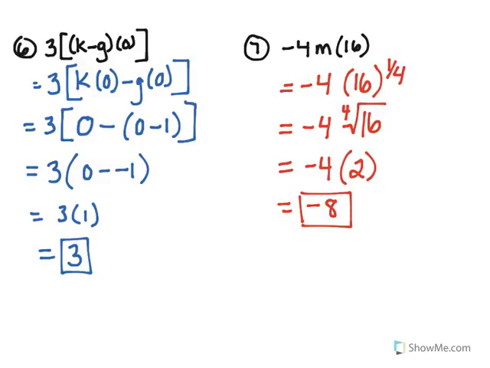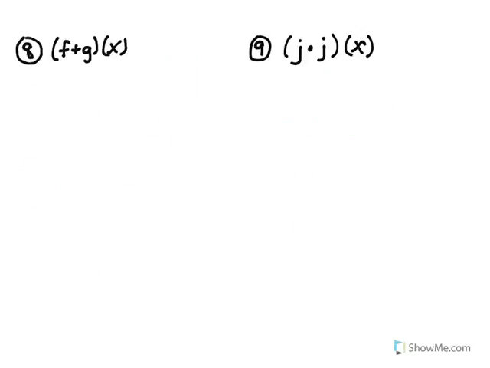Alright guys, we got 4 more problems left. Problem number 8 has f plus g of x. So, since there is an x left, we're going to have a function for an answer instead of having a number for an answer. So we'll have variables left in our answer. We'll still have x's left over.